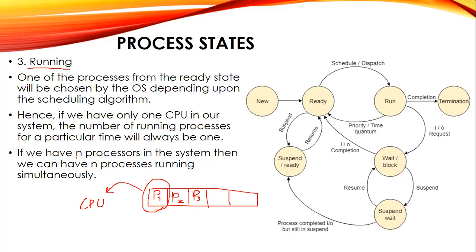But if we have n processors, we can have n processes running simultaneously. So if we have 4 processors, we can run 4 processes at the same time. So this is the third state, run. New, ready, run.